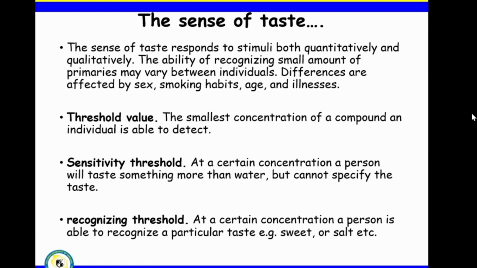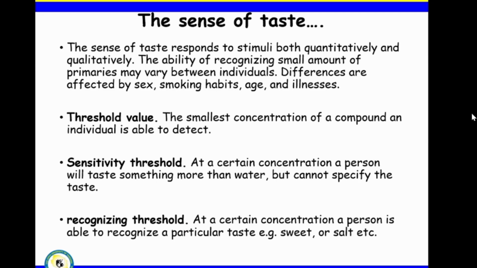Another is sensitivity threshold. At a certain concentration, a person will taste something more than water, but cannot specify the taste. Like if there is water and I add a little bit of sugar, you will taste that it is not the normal water.